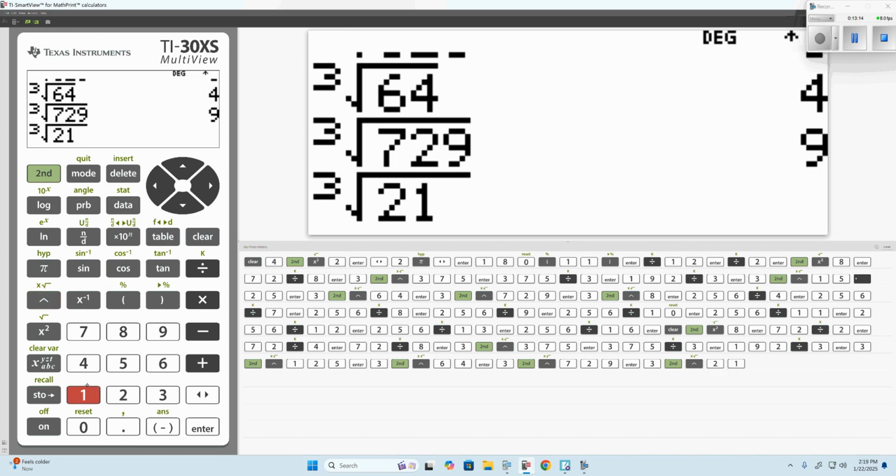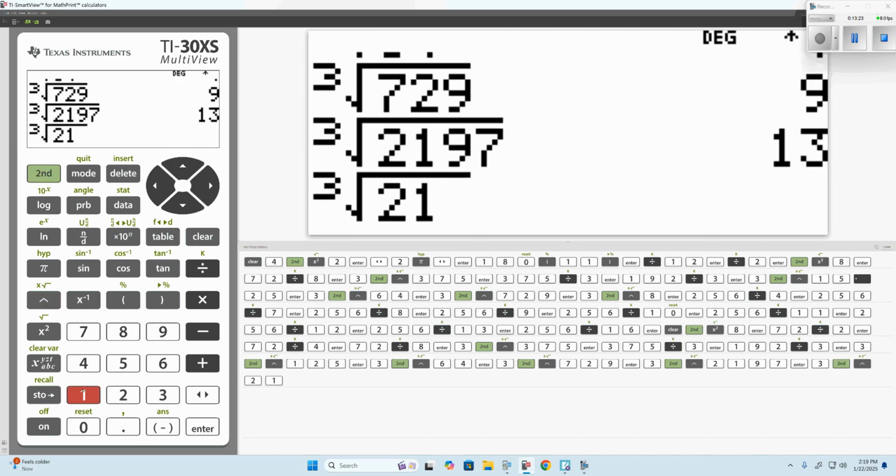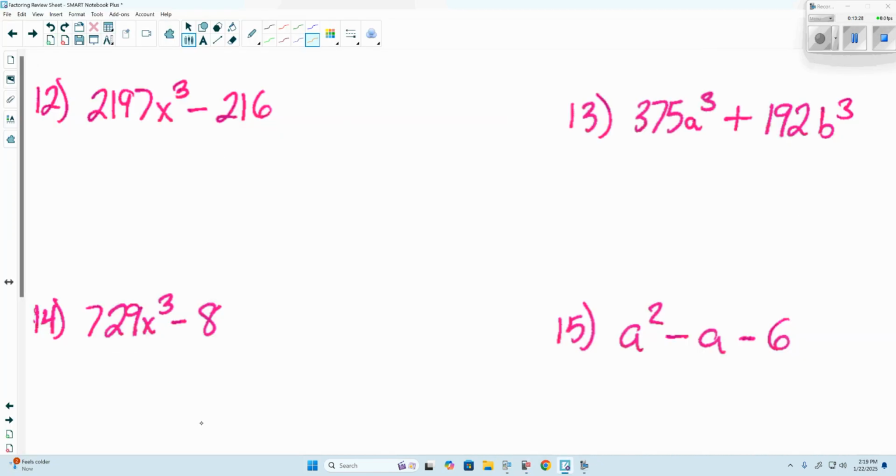of 2,197. 13. Cubed root of 216. So that tells us that this is a difference of perfect cubes, or difference of two cubes, because the cubed root of 2,197x cubed, well, the 2,197 is going to be 13, and x cubed is x.